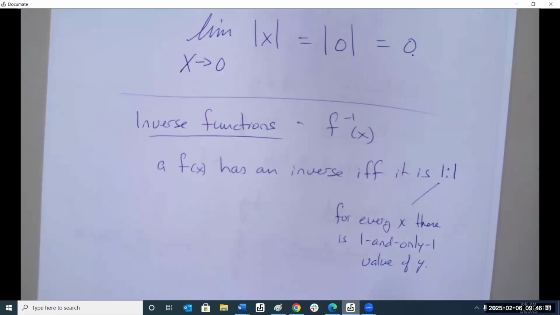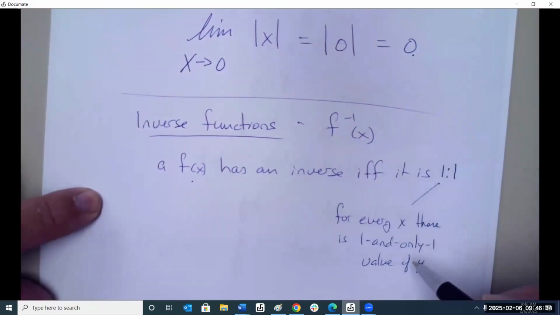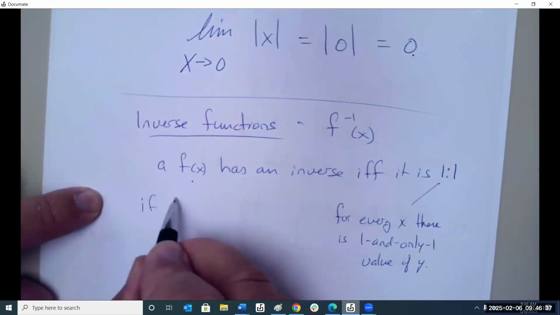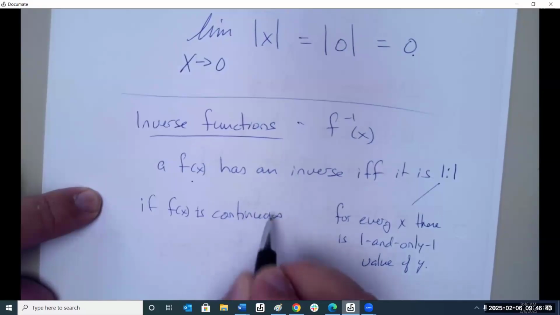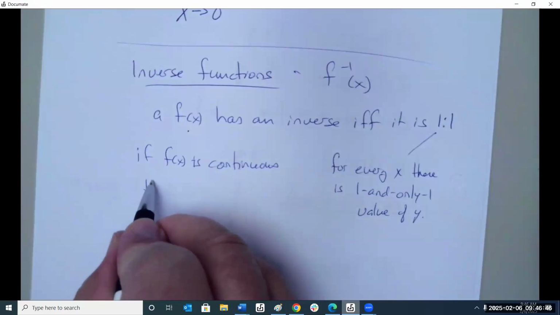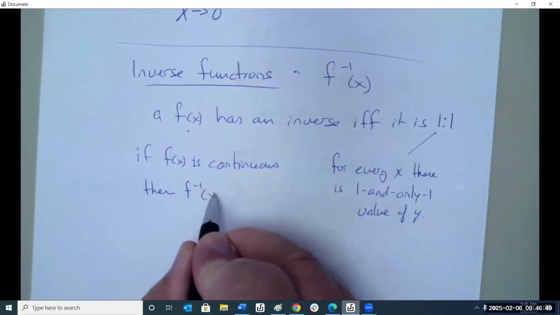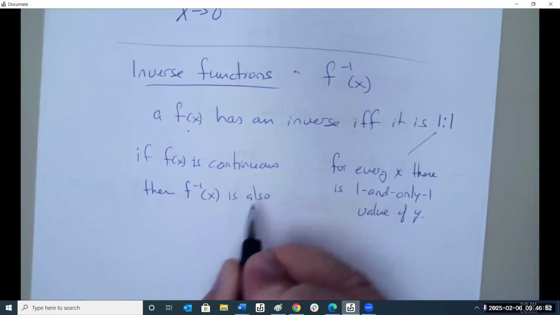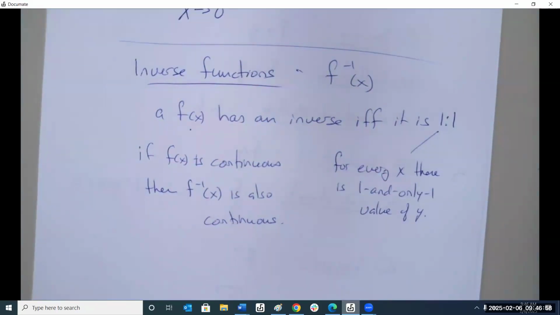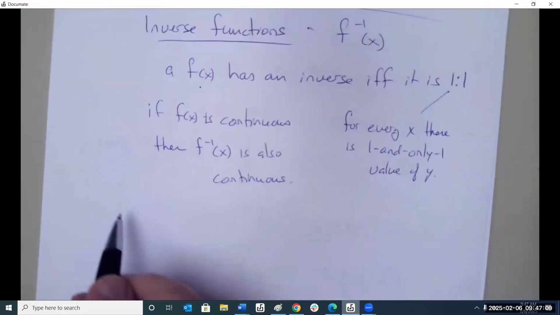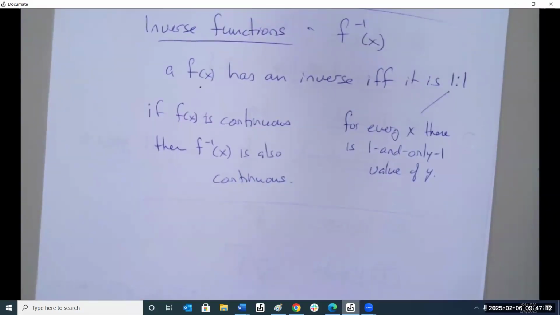If the function has an inverse, it has to be 1-to-1. So if f of x is continuous, then the inverse is also continuous. Don't believe me?